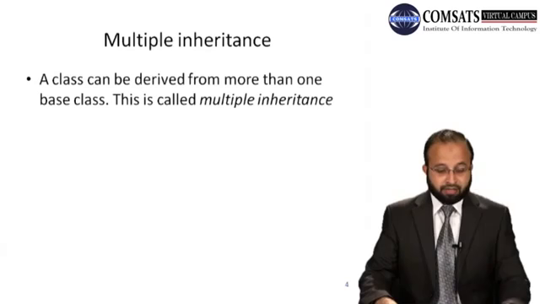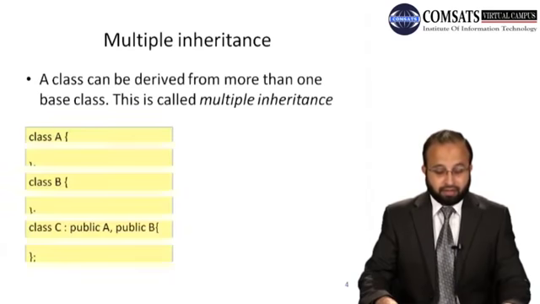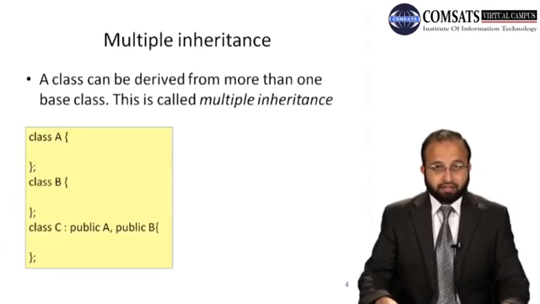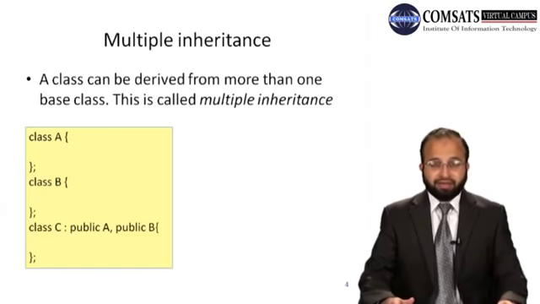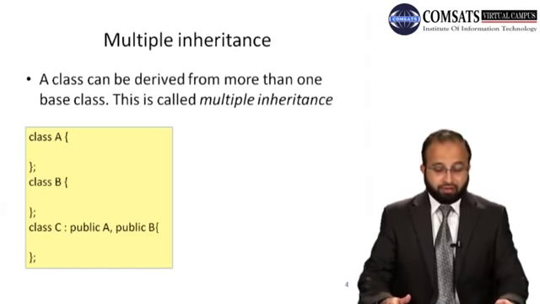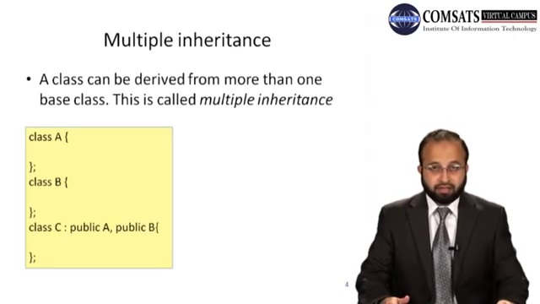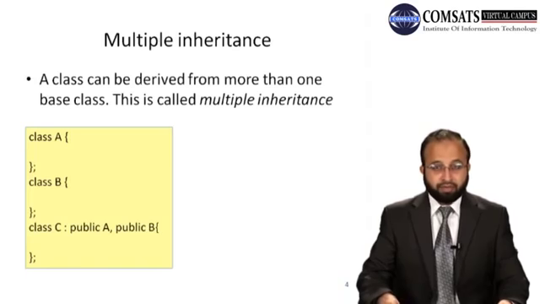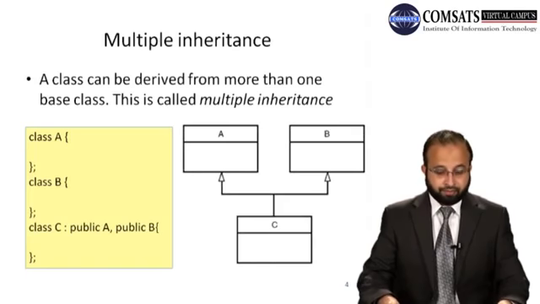Multiple inheritance: a class can be derived from more than one base class. This is called multiple inheritance. For example, you have a class C that is derived from class A as well as from class B. The type of inheritance doesn't matter; as long as a single class is derived from two different base classes, that is called multiple inheritance.